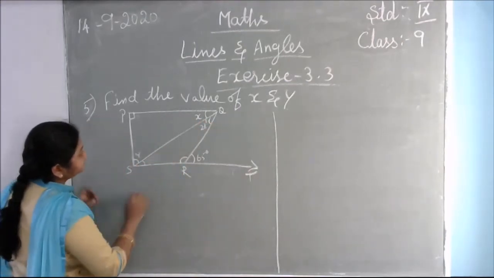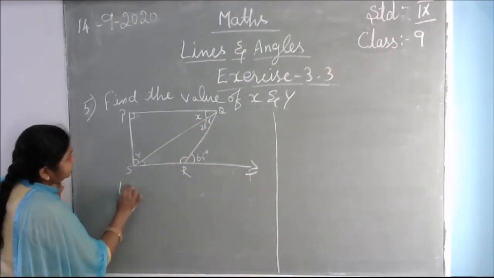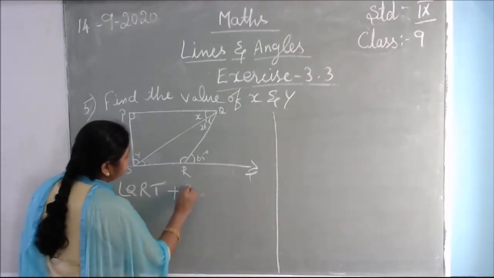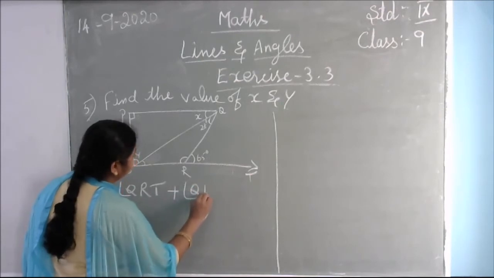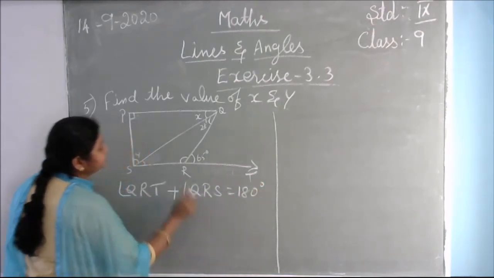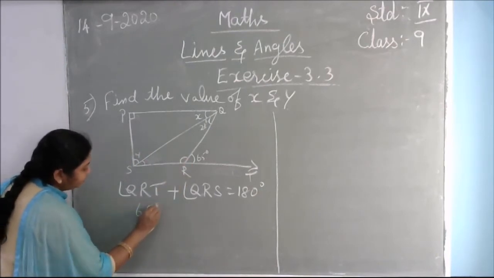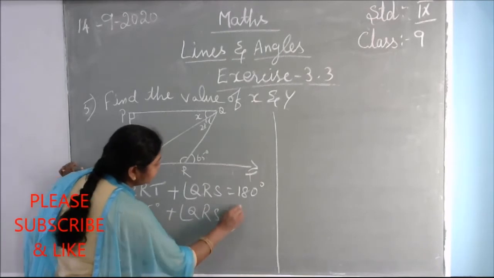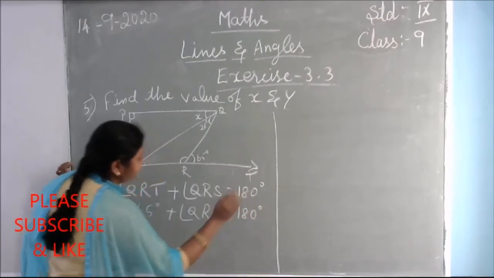See now. Now angle QRT plus angle QRS equal to 180 degrees. So this one is 65 degrees plus QRS equal to 180 degrees.